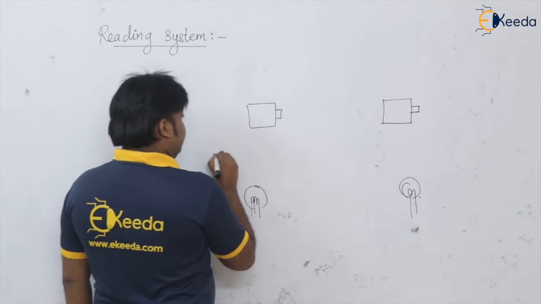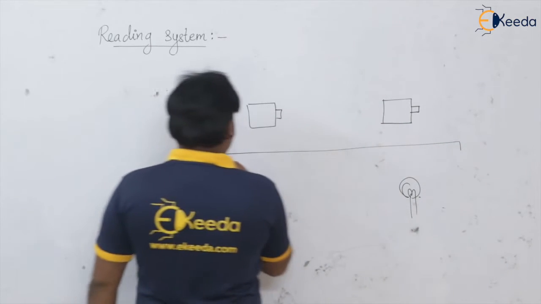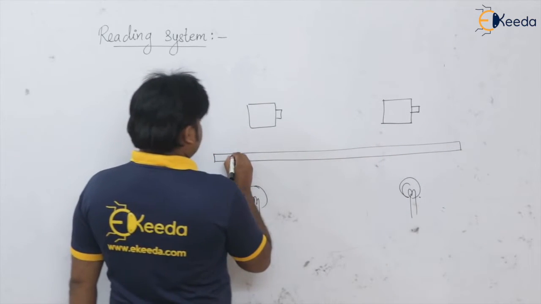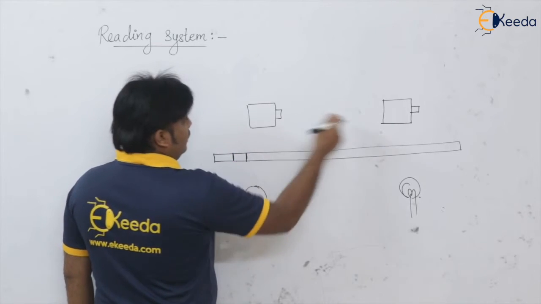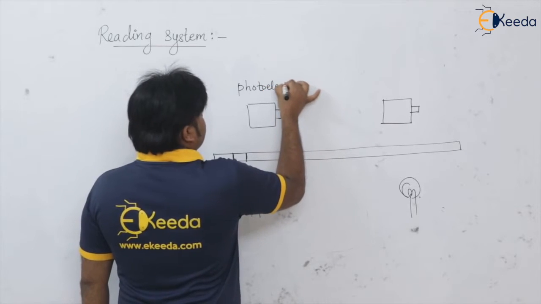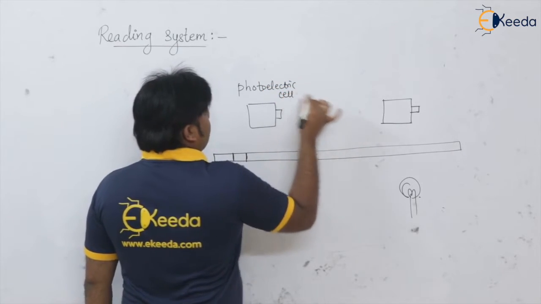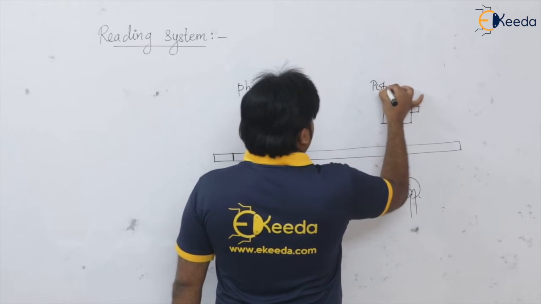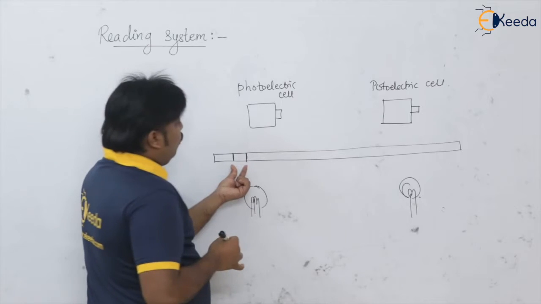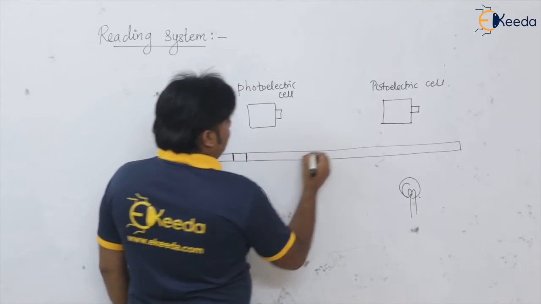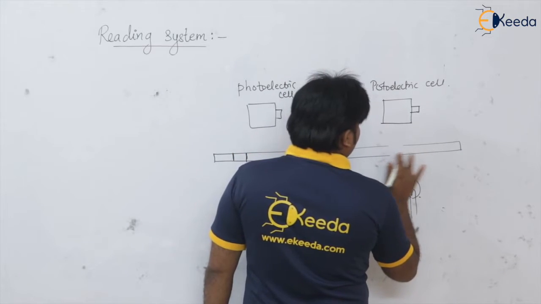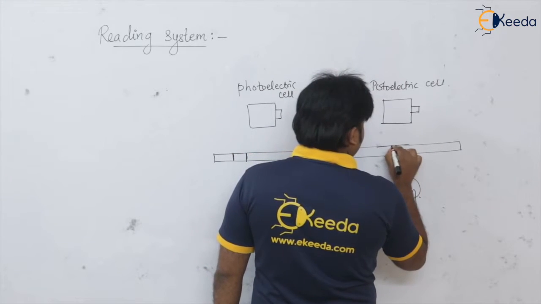This punch tape is fed between the light source and the photoelectric cells, or sensors. And suppose we have a hole here, and a hole here.